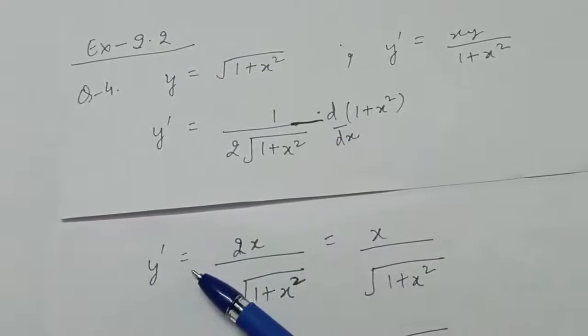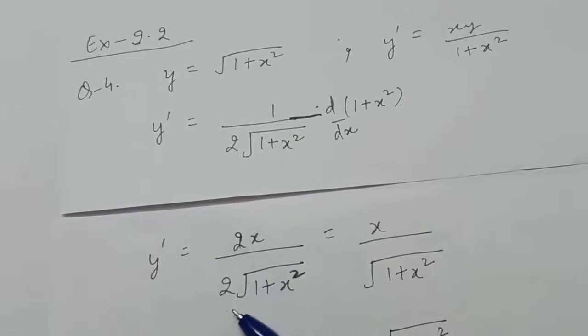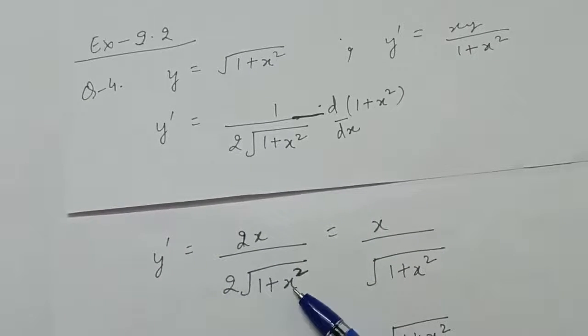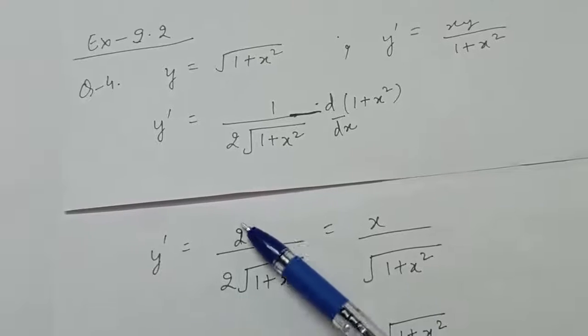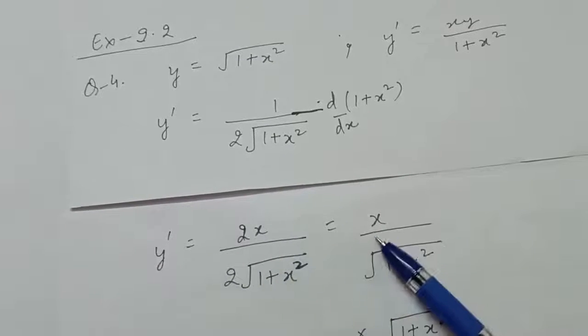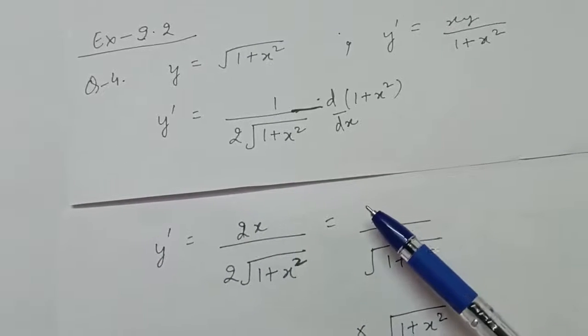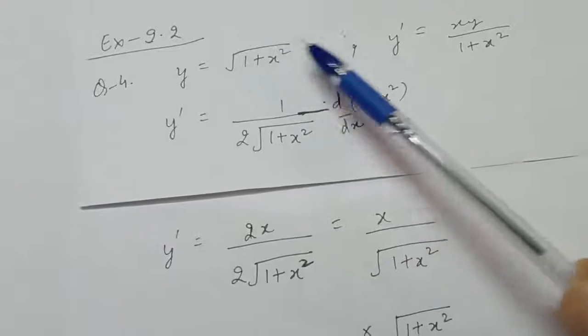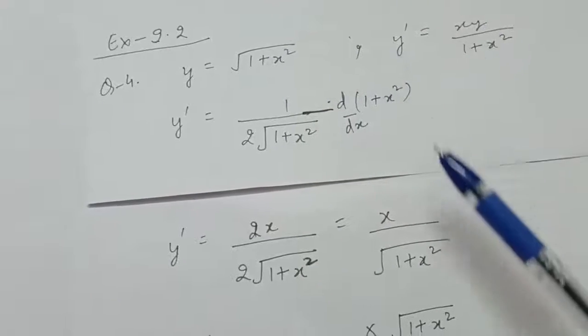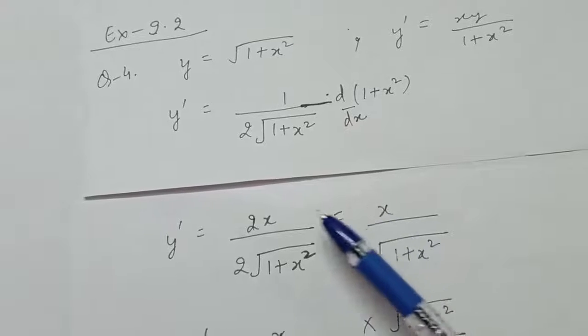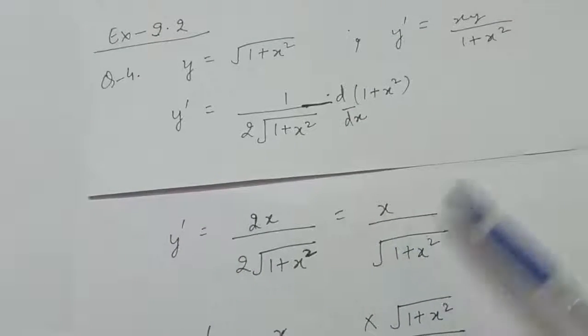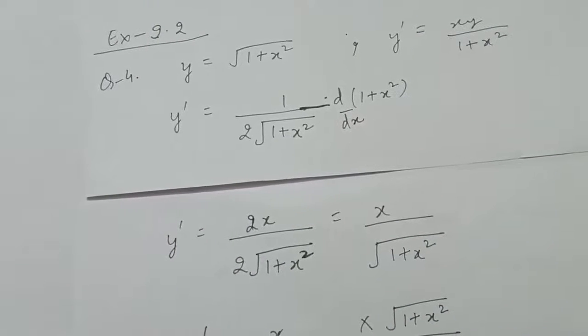So y dash will be equal to 2x upon 2 into root 1 plus x square. Cancel out this 2, so y dash will be this. Now either you can put the value of this y dash and y here, or just modify this y dash only to get the given differential equation.